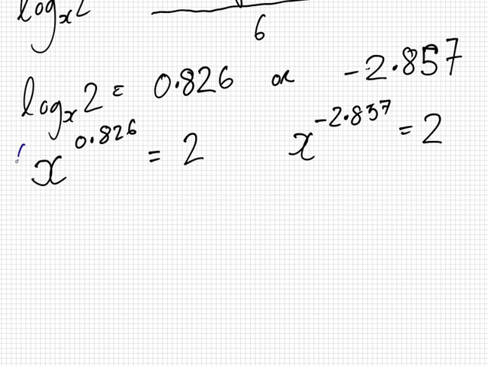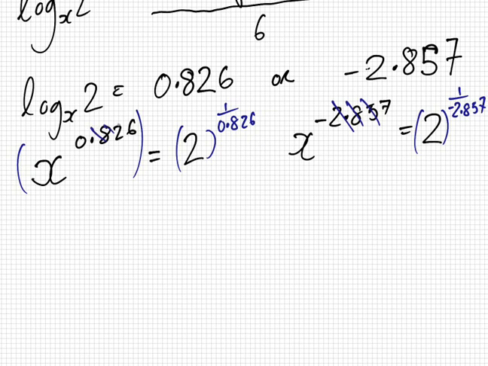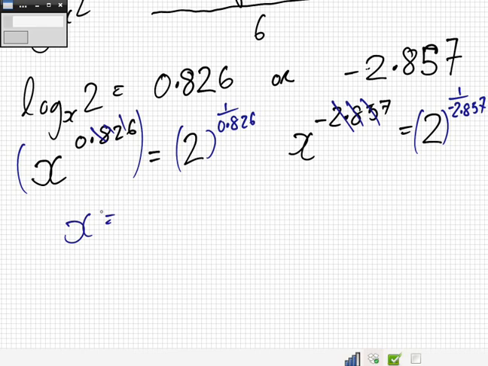What power do I need to put on both sides to cancel this? 0. No, 1 over 0.826. And then here this would be 1 over minus 2.857. And then they go. So I have my two answers. 2 power 1 over 0.826.